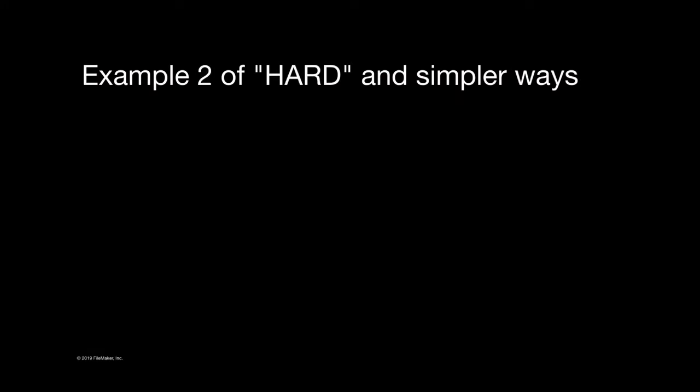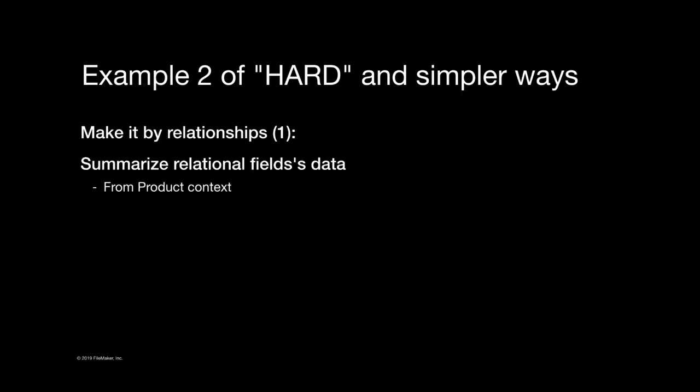There's another example of hard ways, which I'd like to show you. This is making it by relationships 1. In this case, we are seeing everything from the product table. Start from product, then make some relationships to the sales table, and summarize sales data. The sales table means line item records, which we saw on the invoice layout.